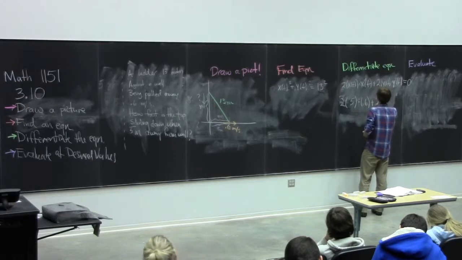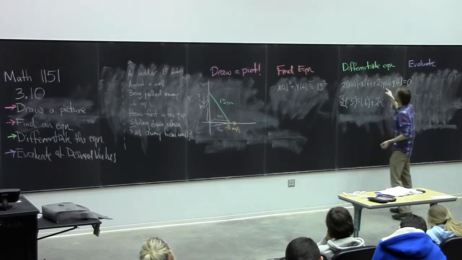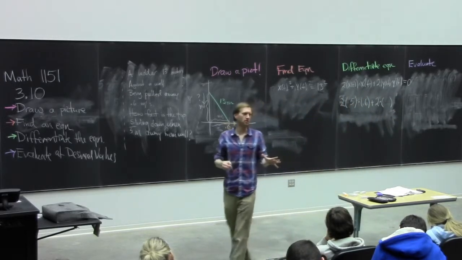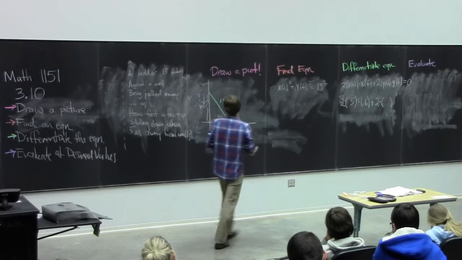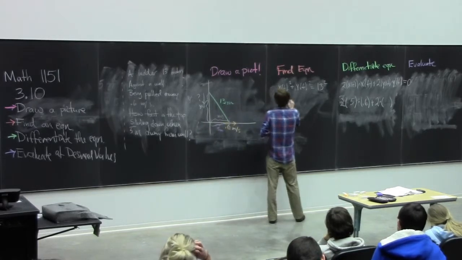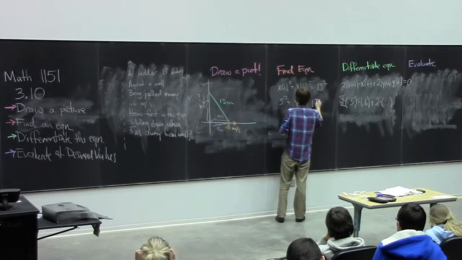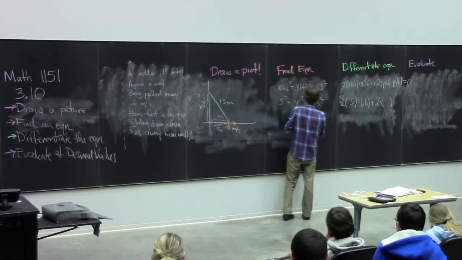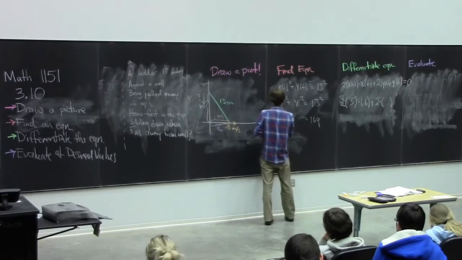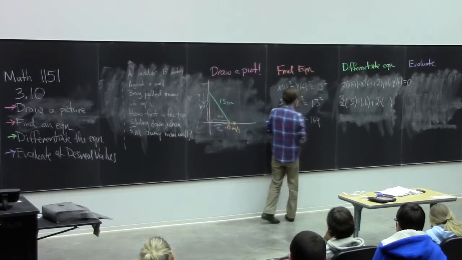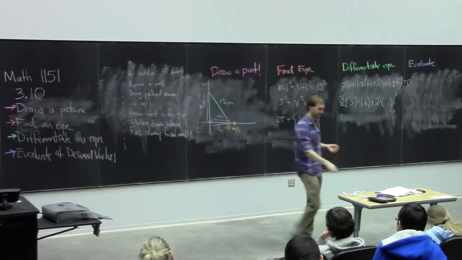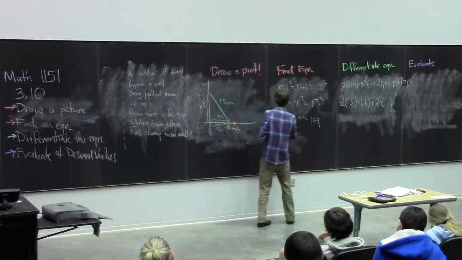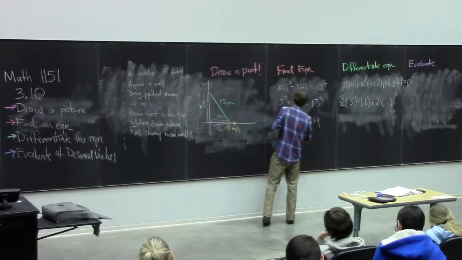Plus 2 times y of t, which I don't know, but I can use the Pythagorean theorem to figure it out. So I have 5 squared plus y squared equals 13 squared. 13 squared is 169, and 5 squared is 25. Subtracting 25 from both sides, I get y squared equals 144.